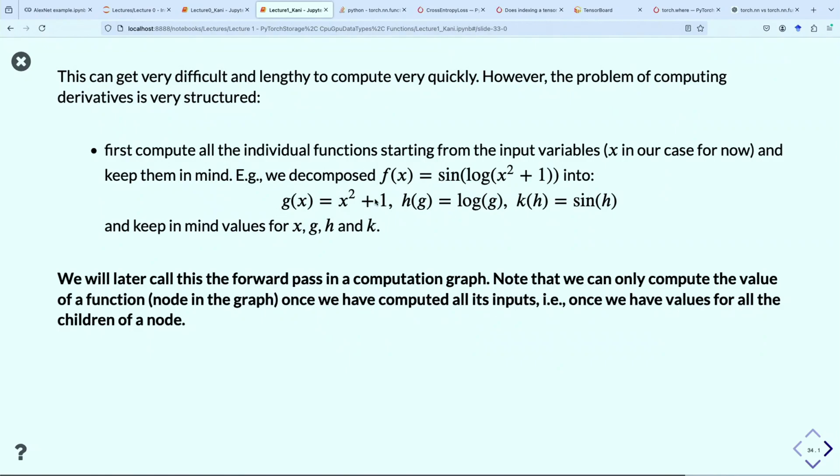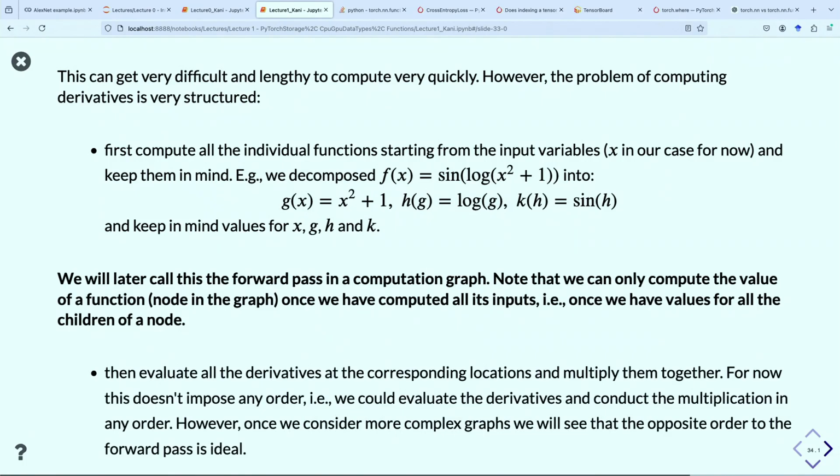So we could very easily get the change in g with respect to x. We could calculate that numerically using the limit. Then knowing the change in g, we enter that in here. We could calculate the change in g with respect to h using that limit, and so on, okay? So this is what's called a forward pass.